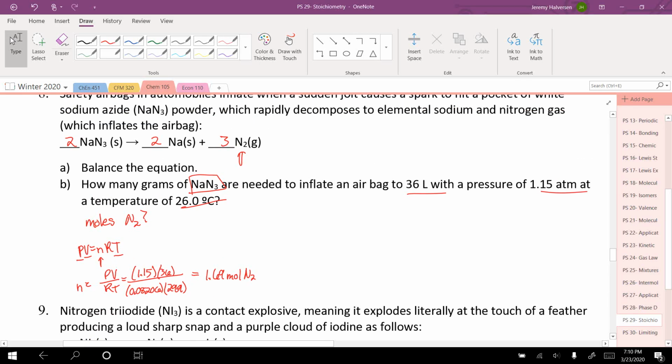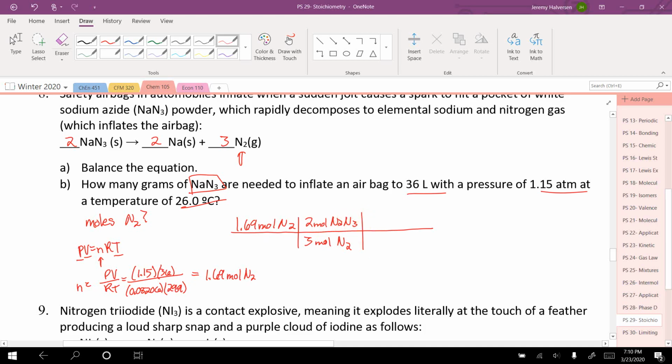So how much NaN3 do we need to react in order to get that much N2 so that we can fill up our airbag to those conditions? Well, 1.69 moles of N2. The equation tells me that 3 moles of N2 comes from 2 moles of NaN3.